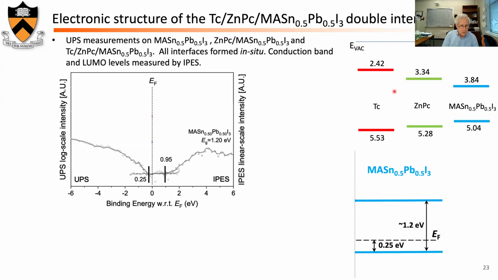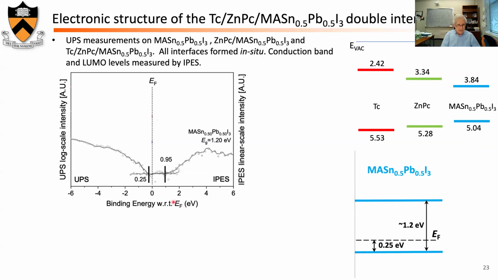So the next thing, of course, was to go and really carefully measure the interface electronic structure of both the perovskite itself and then of the two organics deposited on top. So again, here I remind you of the data that we found that I showed you for the silicon case for tetrazine and zinc PC. These are the ionization energies and electron affinity of the materials, as well as for the perovskite here.